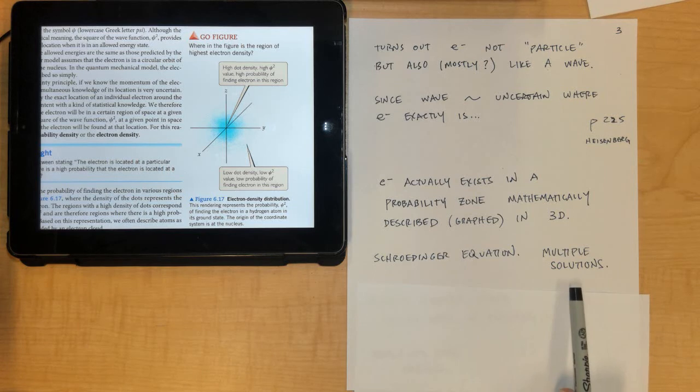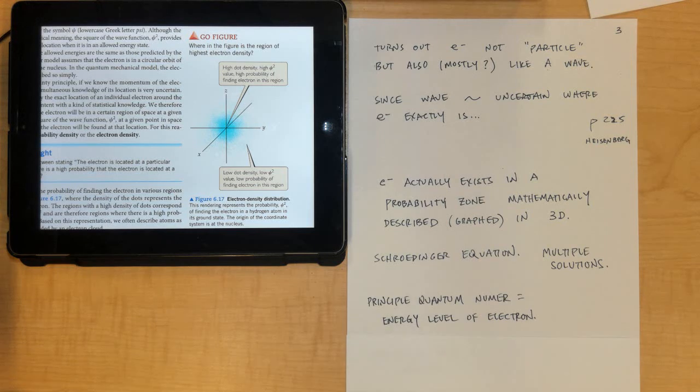This, of course, has more than one solution or more than one answer. One of the answers he had was called a principal quantum number. The principal quantum number described the energy level of the electron, how far the electron is away from the nucleus. This is where the electron would reside or more than probably be.